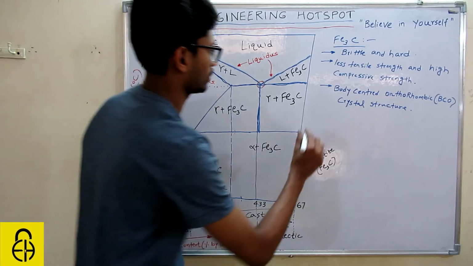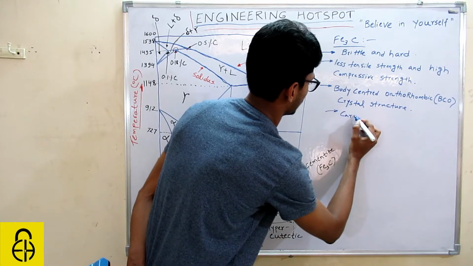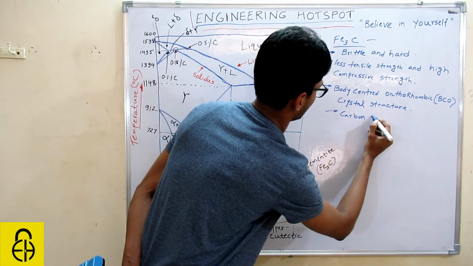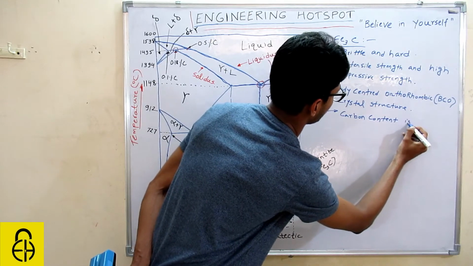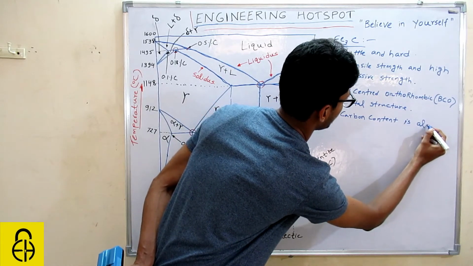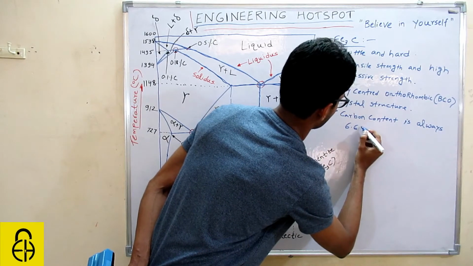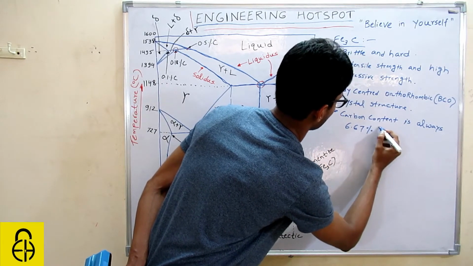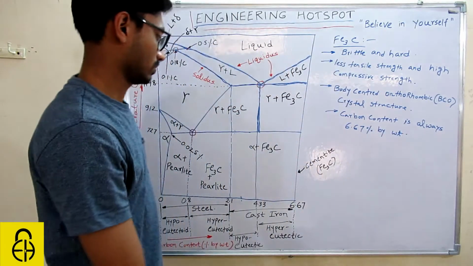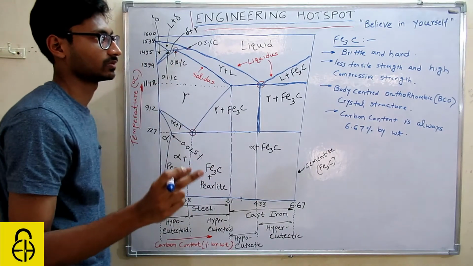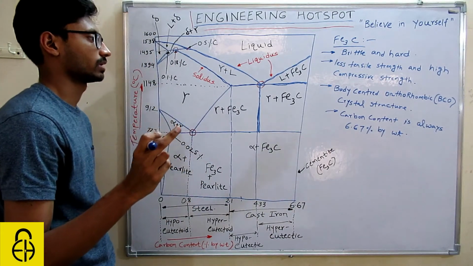But remember, carbon content is always 6.67% by weight. 6.67% of carbon should always be present in the iron.